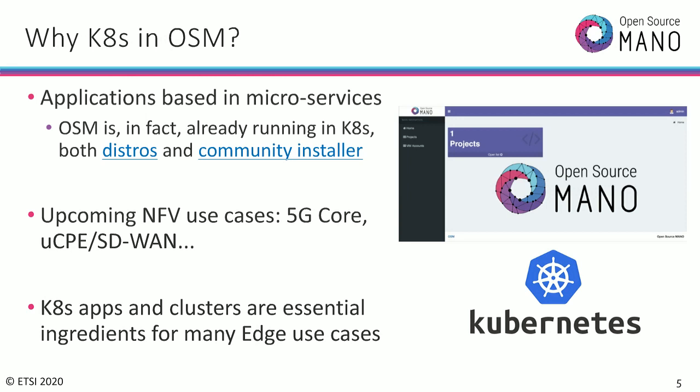And finally, the last reason is that most of the edge use cases that are related to the creation of dedicated containers and microservices for attending a specific request for the end users are, in the case of the edge, based mostly on Kubernetes. So those are the three main reasons that we think are driving us to implement Kubernetes support in OSM.